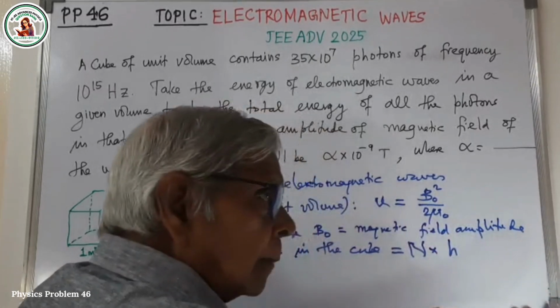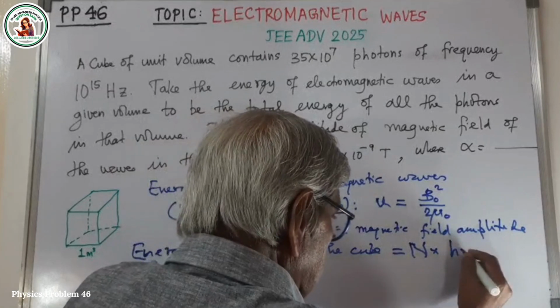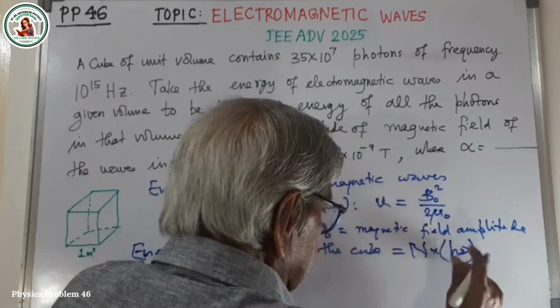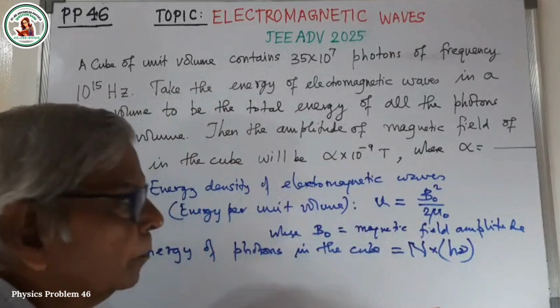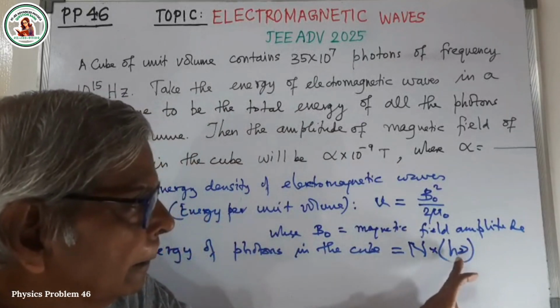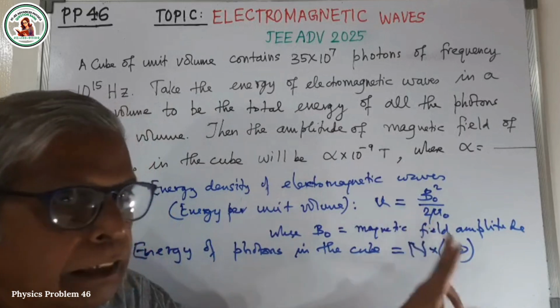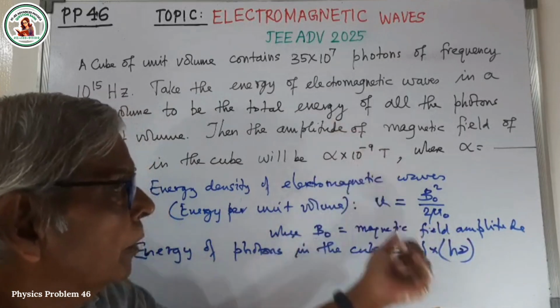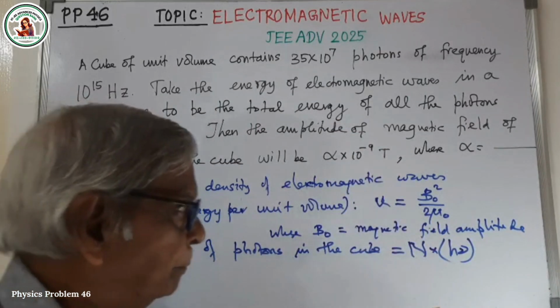Frequency you can use f or the Greek symbol nu, as you like, h nu. h into frequency is the energy of a single photon. So the number of photons will give you the total energy.